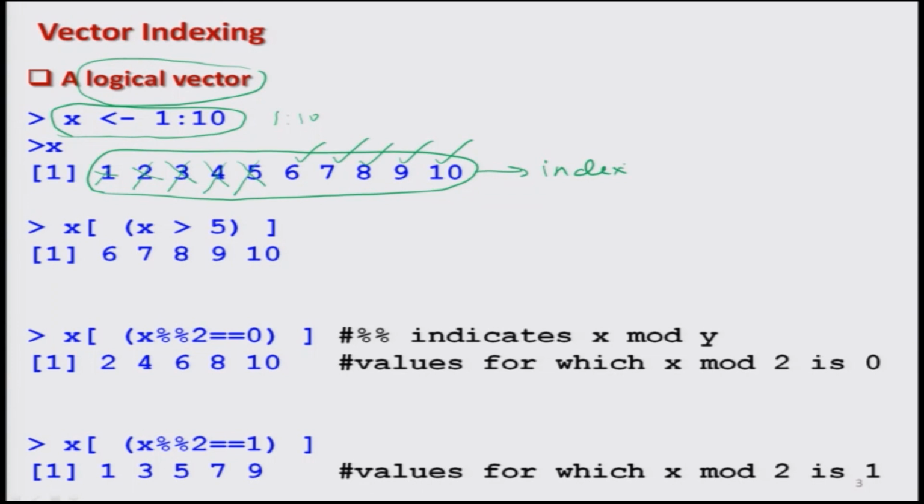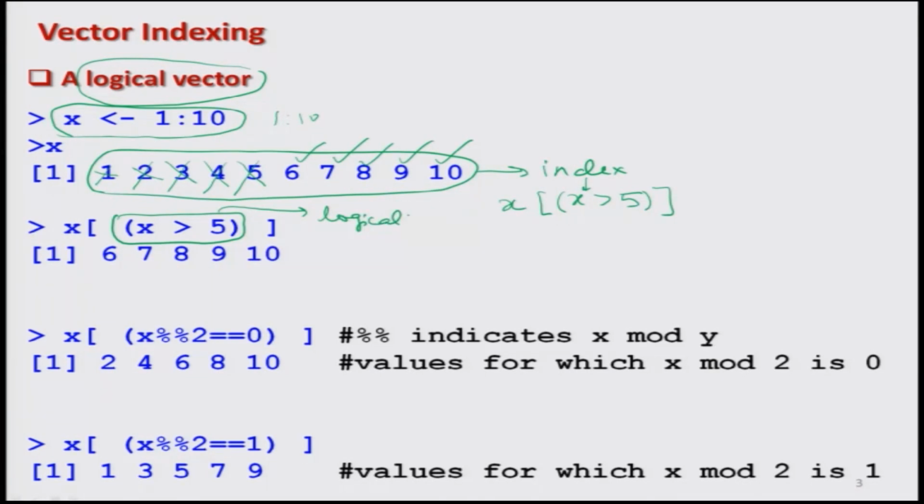So first of all, I write x greater than 5, this is my index, and then I write down all the numbers in the vector x for which this logical vector gives me an output, for the numbers which are greater than 5. So this is what I try to do here. I write down this part, and you can see this is my logical part.